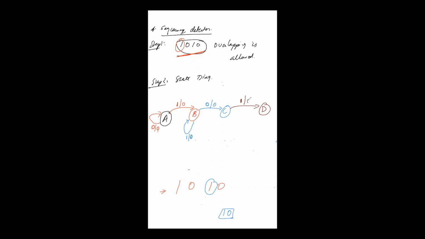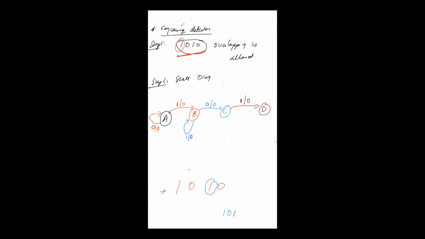Now in this case also the sequence is not detected, so the output will remain 0, right? But if at state C you get 0, let us suppose at state C you got 0.